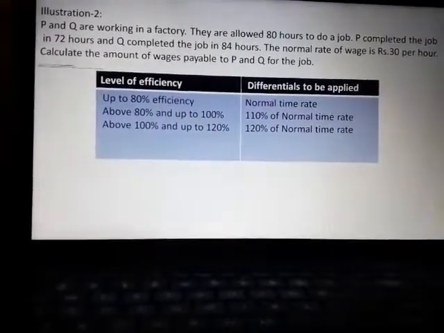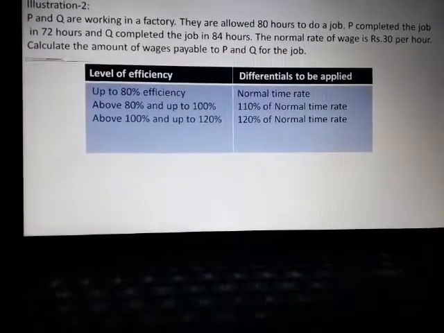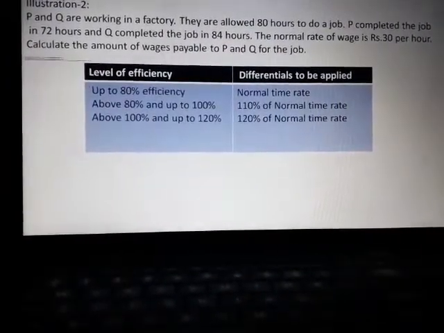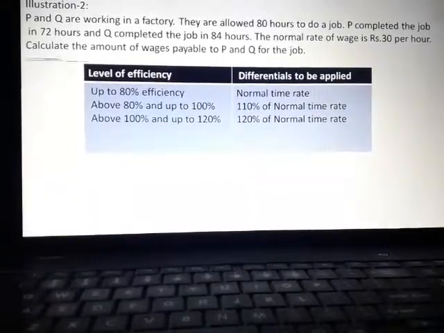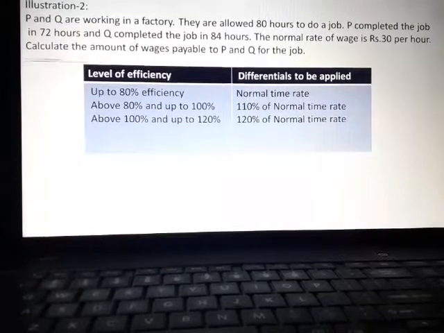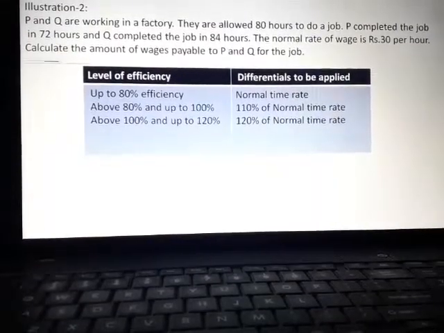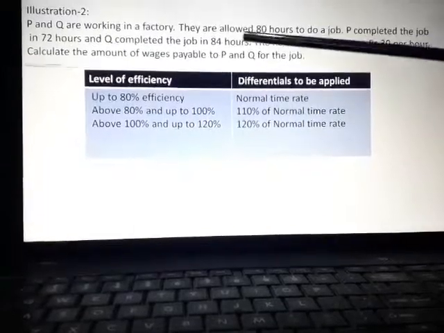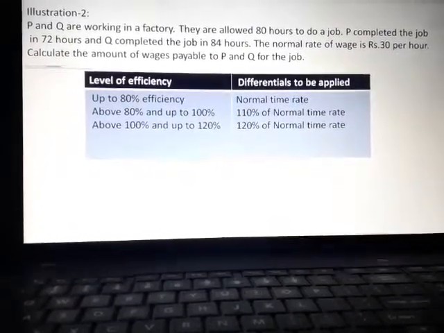Now come to the second illustration. P and Q are working in a factory. They are allowed 80 hours to do a job. P completed the job in 72 hours and Q completed the job in 84 hours. The normal rate of wages is rupees 30 per hour.